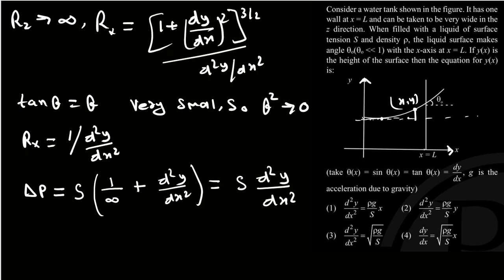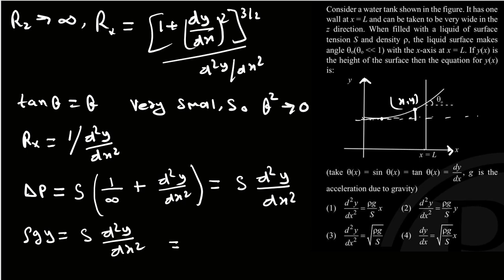So from the reference, what will be the pressure difference? We all know that at depth y, the pressure is rho g h. So this delta P is going to be rho g y, equal to S into d square y by dx square.